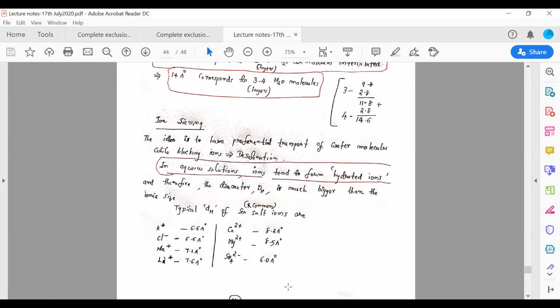So what you have to do, if you want to block these ions, mainly in sea water, mainly what is it that you have? Can someone tell me what is the majority of the ion in sea salt or sea water?